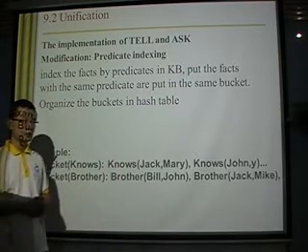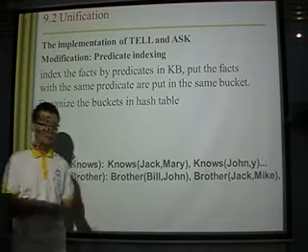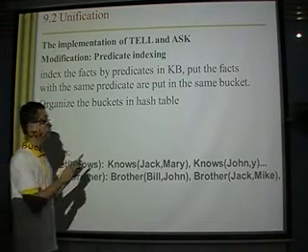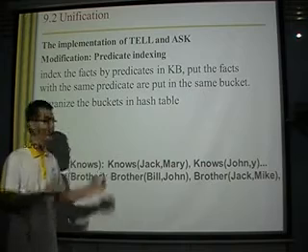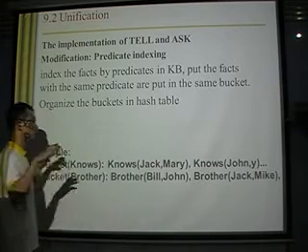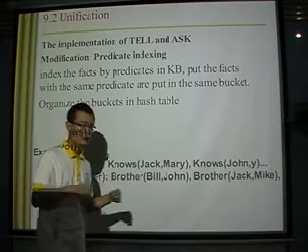And the previous approach is obviously very inefficient. So we come up with this modification. We put all the sentences with the same predicate into the same bucket and organize all the buckets into a hash table for easy access.